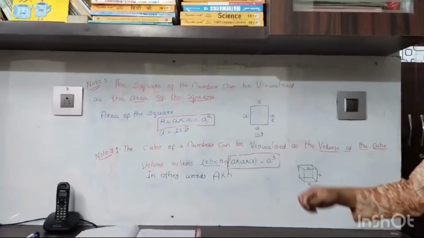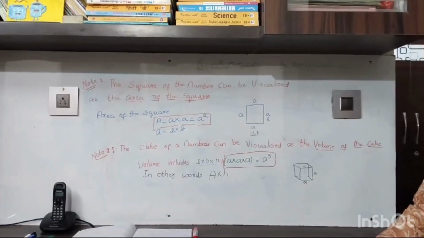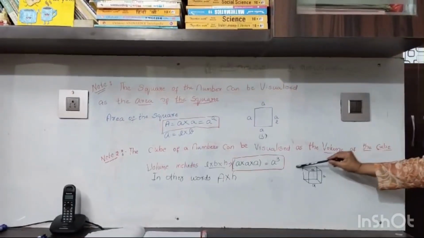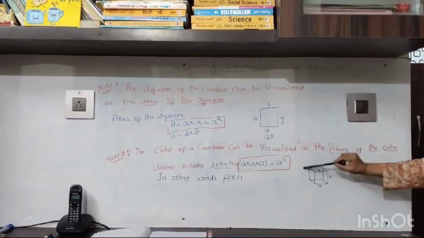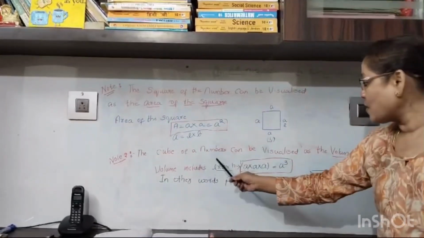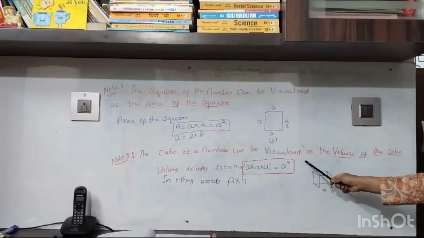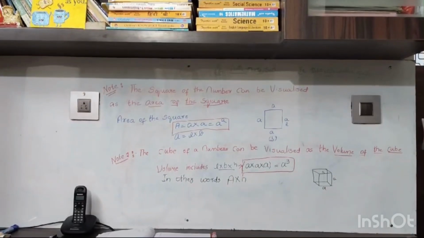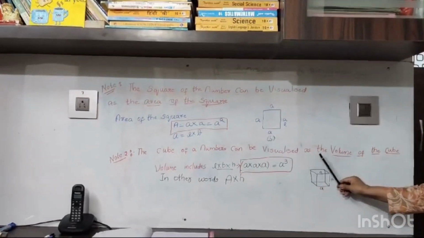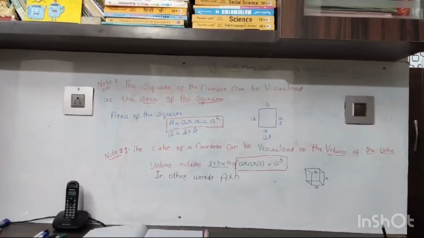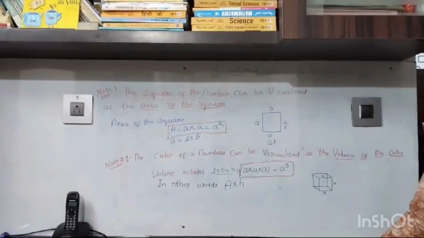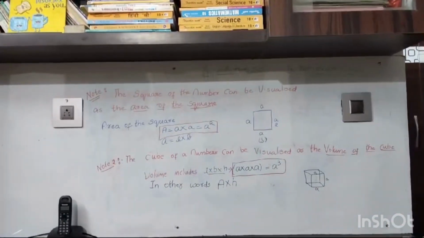Similarly, to understand the concept of the cube of a number, you can take the example of a solid cube. This is a solid cube. So the cube of a number can be visualized. What is the meaning of visualization? Forming the picture in the mind, guys. It can be visualized as the volume of the cube. Volume of the cube includes layers also.